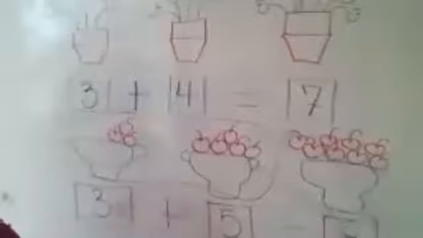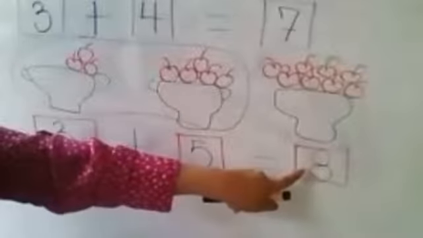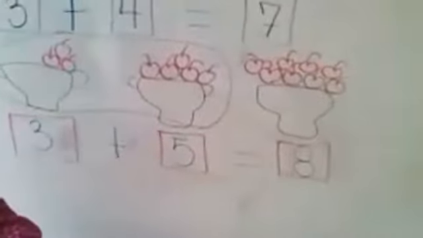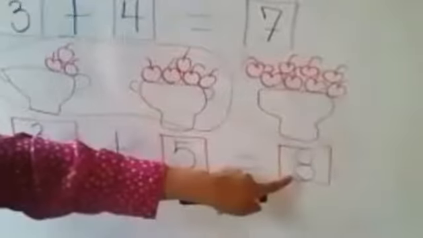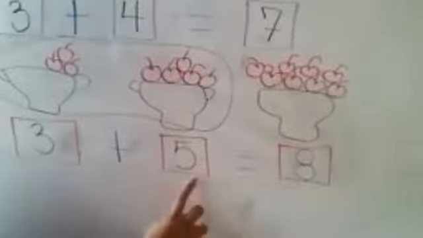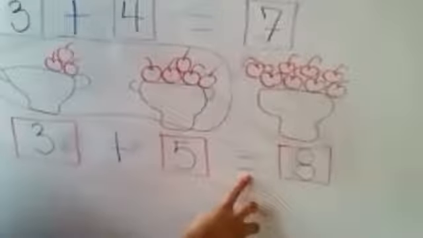Mira los otros números. Which one here? Okay, 8. Look, can you see it? Yeah? Like that? There is our number 8, right? Because why is it 8? Because 3 plus 5 equals 8.